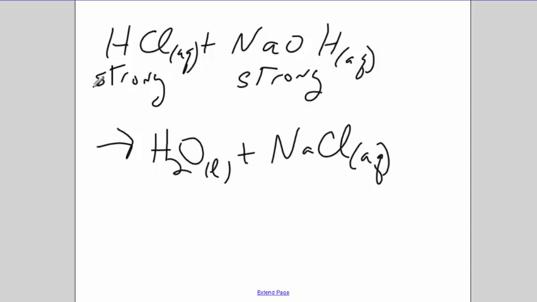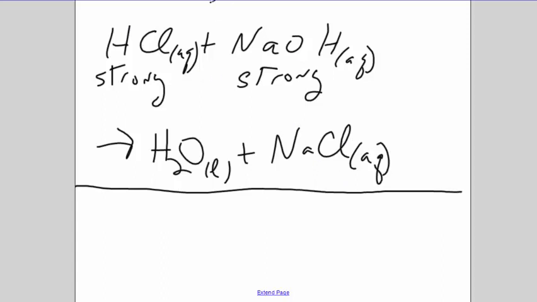Now, that's the regular equation. I want the net ionic equation. Remember that this guy completely dissociates, H plus Cl minus. And this guy completely dissociates, Na plus OH minus. And this ionic compound completely dissociates, Na plus Cl minus. So the Cl minuses are going to cancel.